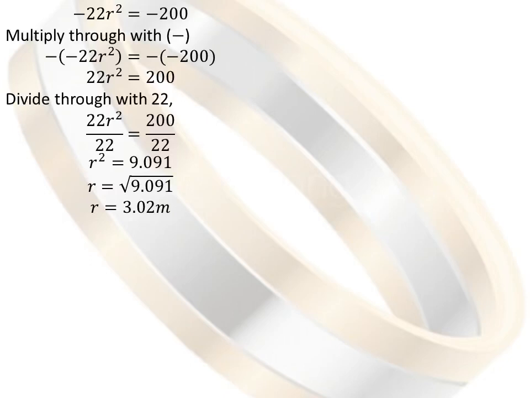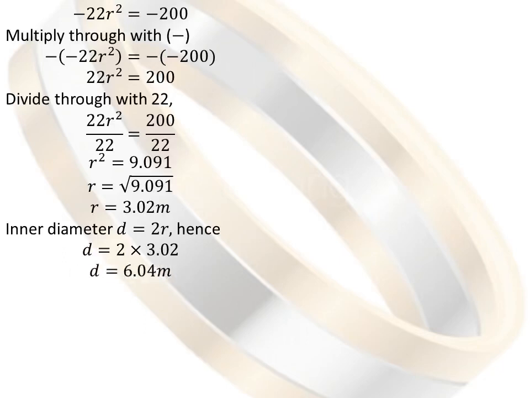From here, we use the formula for getting the inner diameter, which is small d is equal to 2 small r. Hence, our inner diameter will be 2 times the r we got here, which is 3.02, and our d is equal to 6.04 meters. Thus, the inner diameter of the ring is 6.04 meters.